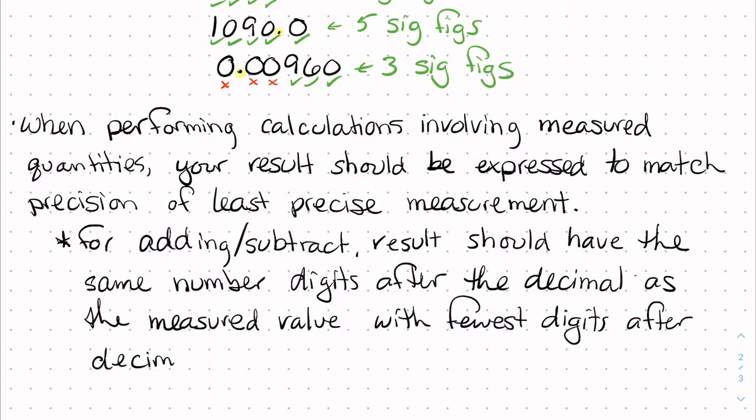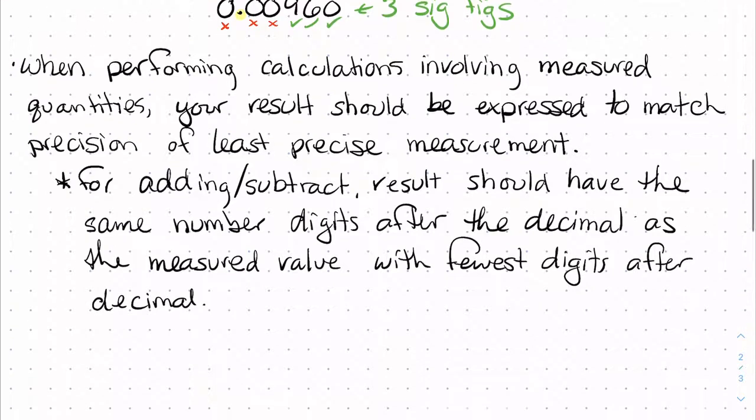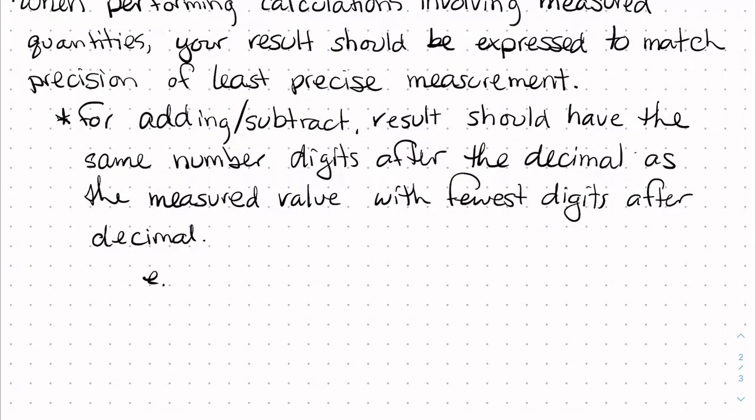So if you're adding and subtracting, the total number of sig figs actually doesn't matter. You're just looking at how many digits come after the decimal.